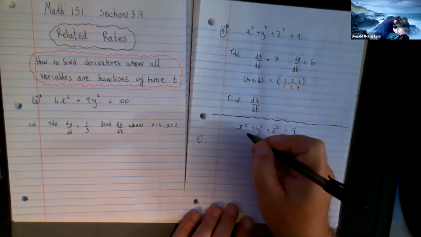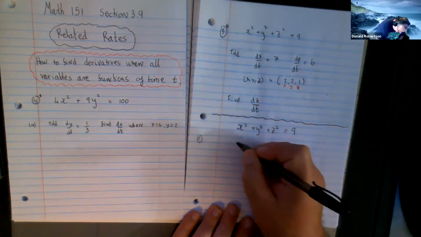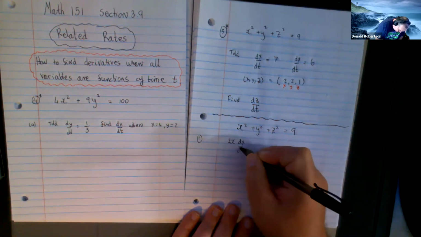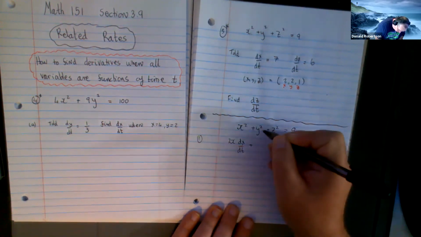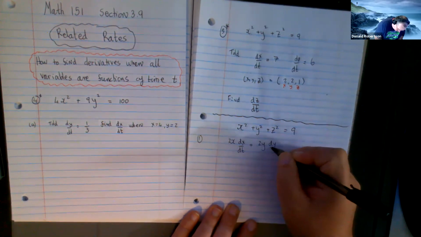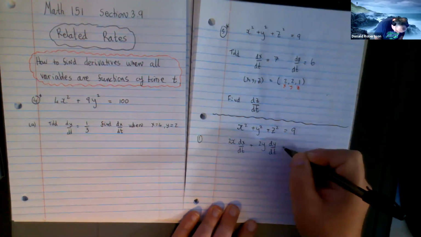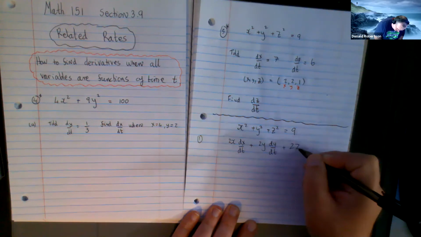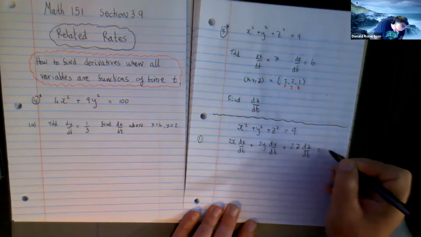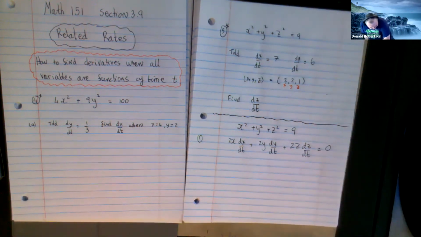If you differentiate x squared with respect to t, you get 2x dx by dt. If you differentiate y squared with respect to t, you get 2y dy by dt. And if you do z squared, you get 2z dz by dt. And if you differentiate a number, you get 0. Have you noticed that in these questions, x, y, and z are treated exactly the same?